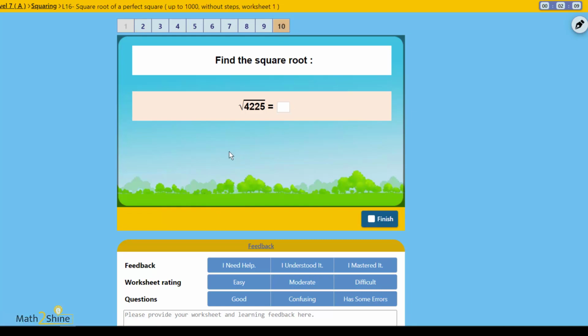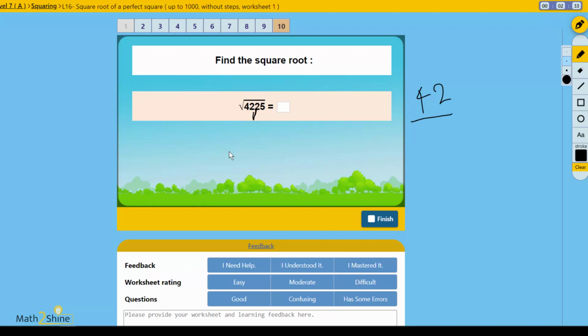Let us do one last question as well. 4225, it is easy actually. I can directly say it is 65, but let us do it in a logical way. How do we do it? We break it after 2 digits from the right side, 42. So where is the 42 falling?